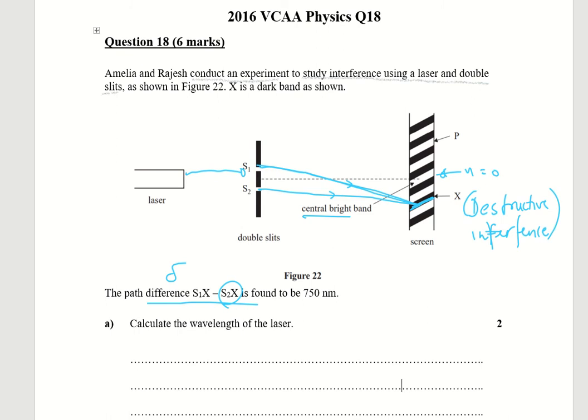Okay, so there's that. Now, breaking it apart again, let's look at what the question's asking us. It says calculate the wavelength of our laser. Now the standard formula we use to find constructive, destructive interference, analyzing any type of interference pattern, is n lambda equals d sine theta. N is which order, which fringe we are looking at, lambda is the wavelength of the source you use, and d is our slit separation.